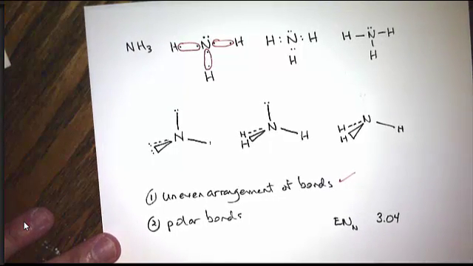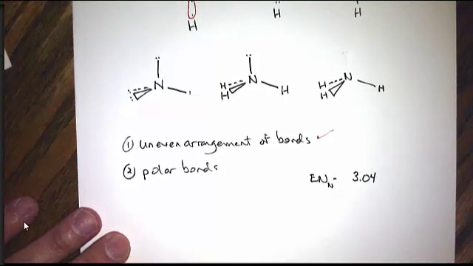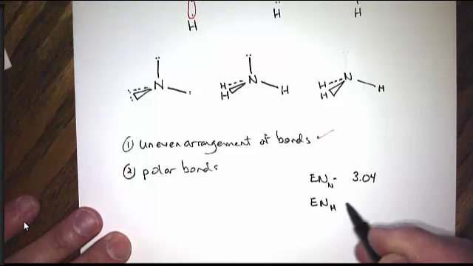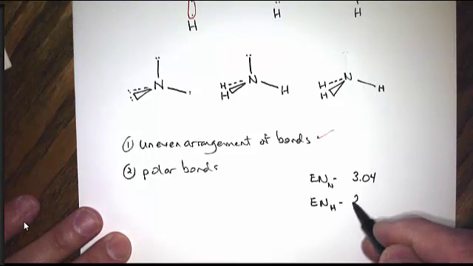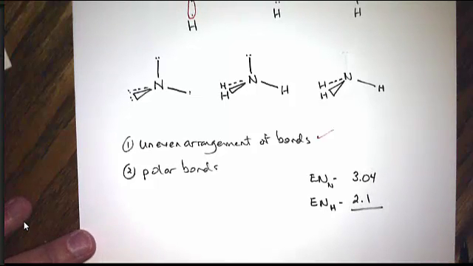So this is the electronegativity for nitrogen, okay? I'm going to label that so I know exactly what I'm working with. And then for the electronegativity of hydrogen, that's 2.1. And I want to subtract these two to get the amount of electronegativity difference.